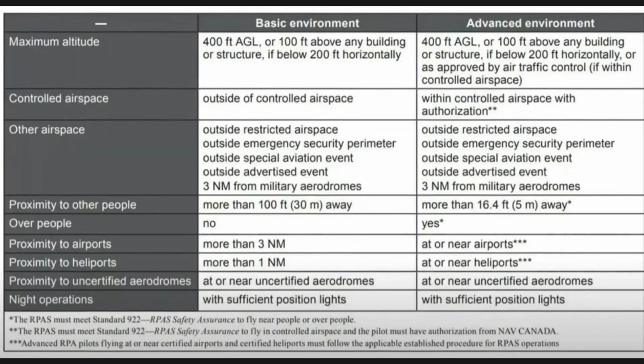So before we begin, let's discuss what RPAS actually means. In this presentation, and for the rest of the modules, in fact, I'll be referring to drone, but the actual definition, or term I should say, is remotely piloted aircraft system, which means a set of configurable elements consisting of a remotely piloted aircraft, its control station, the command and control links.